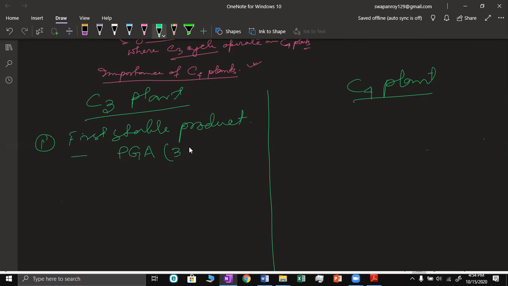This is a 3 carbon compound. And here the first stable product is oxaloacetic acid, a 4 carbon compound.